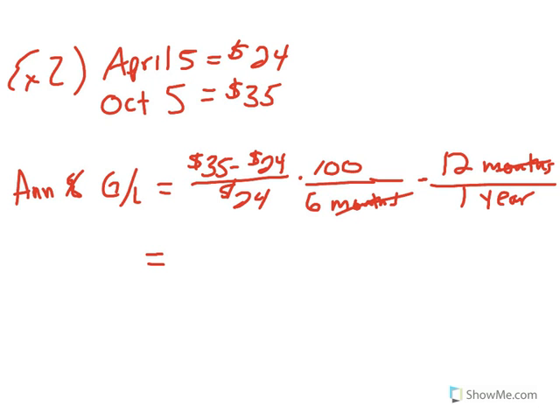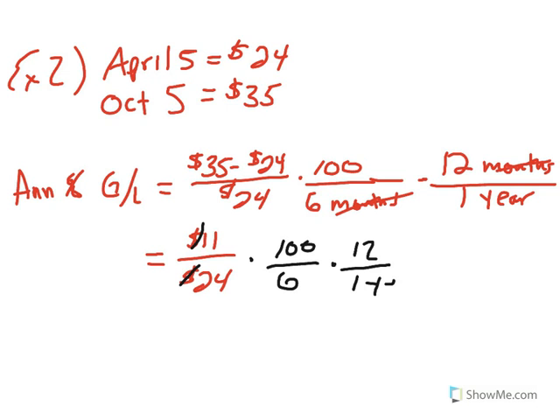So do a little bit of subtracting. 35 minus 24 is 11. And once again, we can cancel out these dollar signs. Multiply the numerators together. 11 times 100 times 12. 13,200.